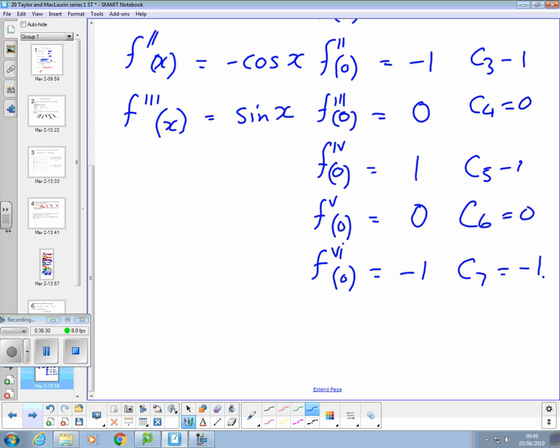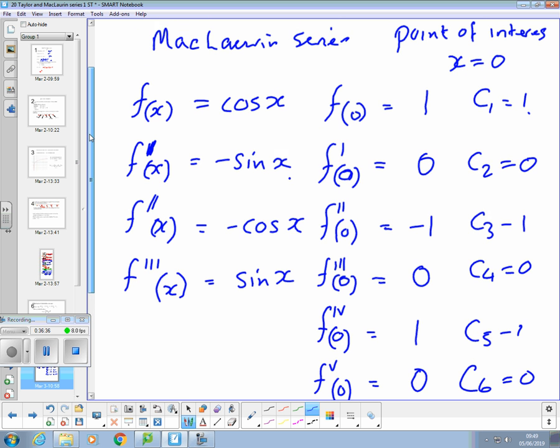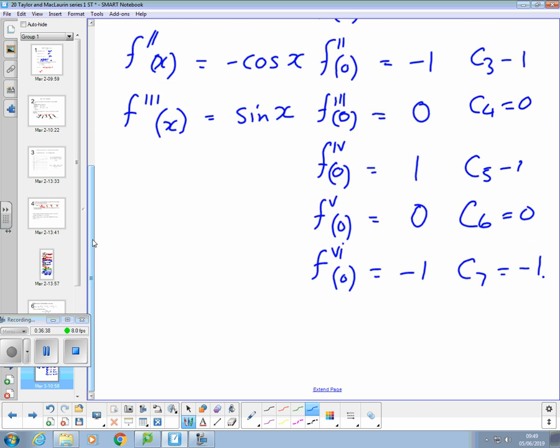Now what we do is we use these constants to put into the power series or the Maclaurin series. We out the cosine function.